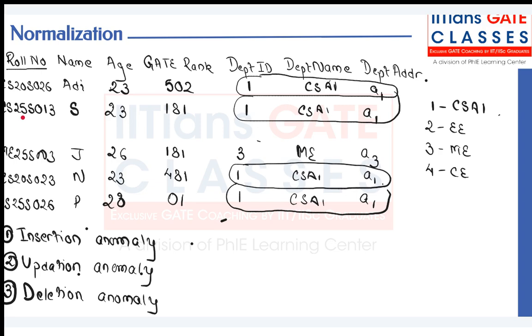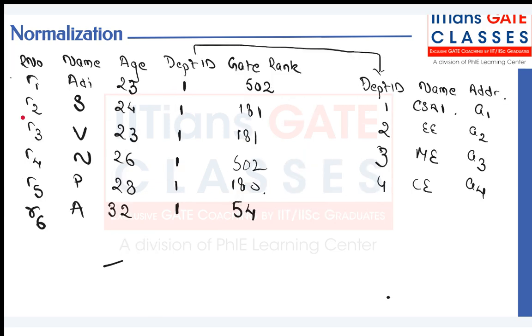I discussed starting about the different anomalies that are there. Why do you need normalization? You break down the table into two or more tables such that the redundancy is eliminated. Anomalies are eliminated.